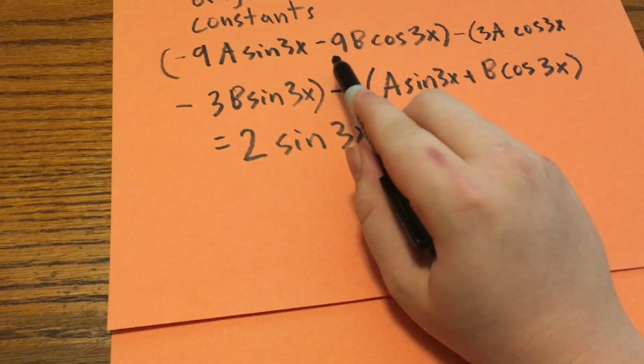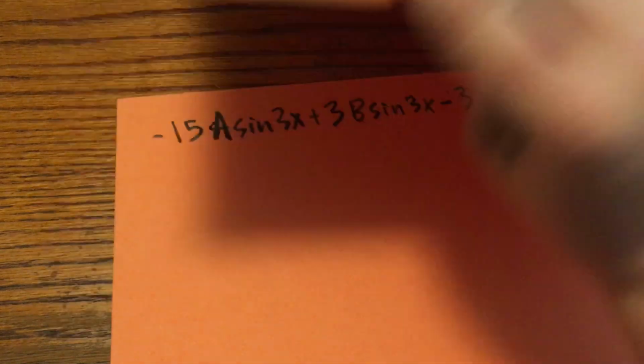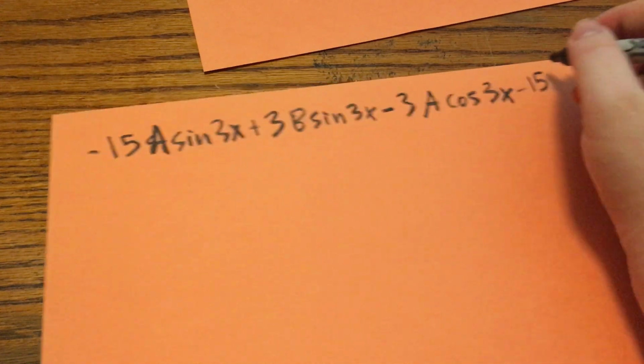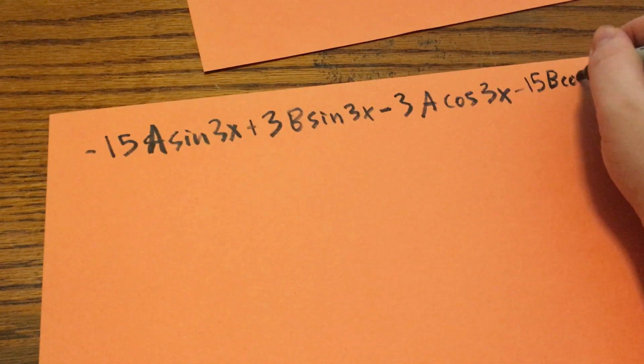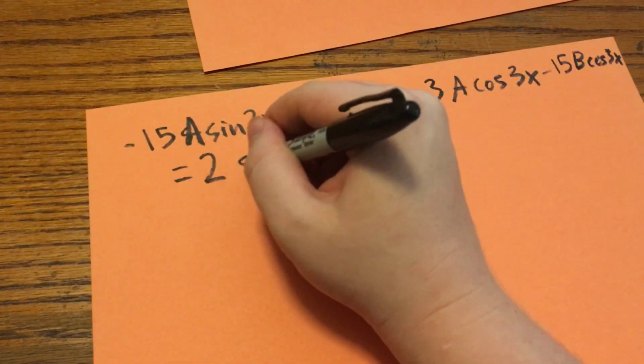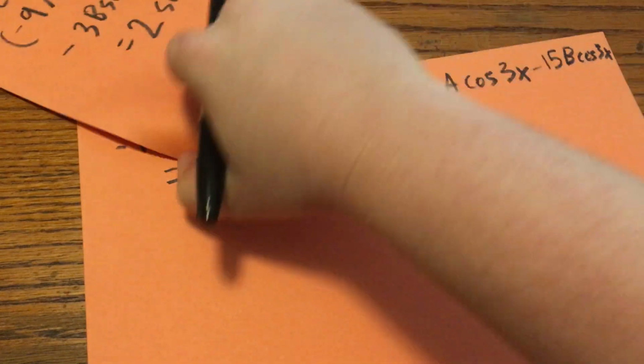There's a negative 9 and a negative 6, so it's minus 15b cosine of 3x. And all of that is equal to 2 sine of 3x. All right, now we do not need this paper.